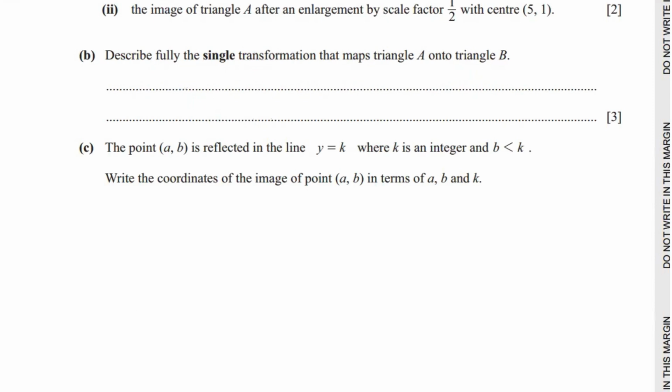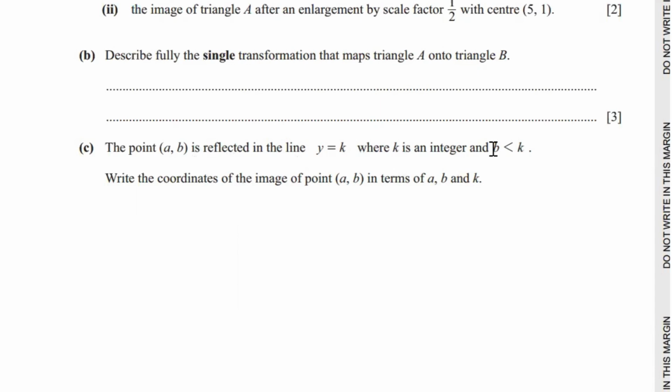Then it says the point (a, b) is reflected in the line y equals k, where k is an integer and b is less than k. Write the coordinates of the image of point (a, b) in terms of a, b, and k. So if (a, b) is reflected in the line y equals k, k is an integer, and b is less than k.